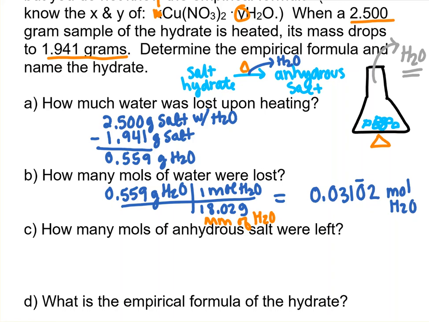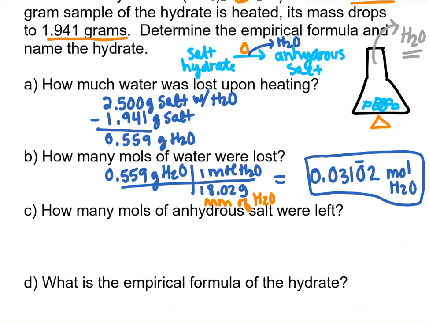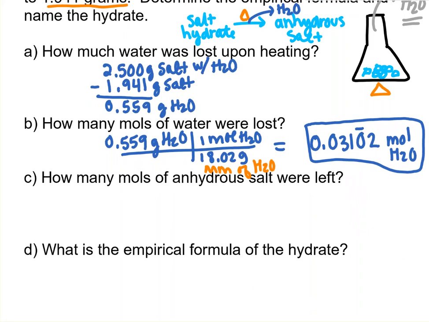Now I wrote down some extra digits. There should be only 3 sig figs, but in this case it is good to have some extra digits. You may not write them down as an answer, but have them on your paper so that when you go to the mole ratio it comes out a little nicer. So that's how many moles of water left.